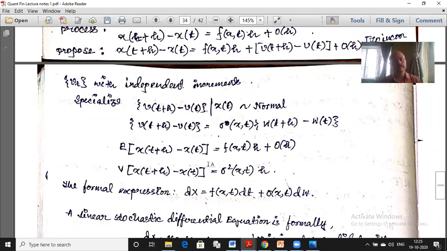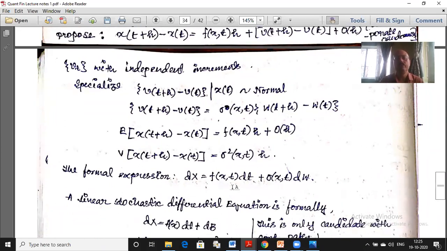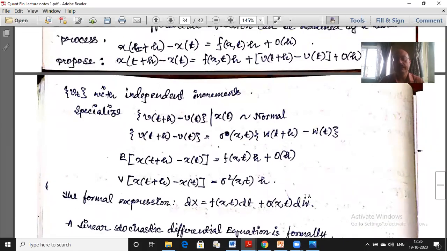And then we take the limit and write it in the differential form, which formally looks like this equation here. For this equation, I know that dw has a variance of order dt, because in the difference form the variance was of order h, which means the variance of dx will also be of order dt.